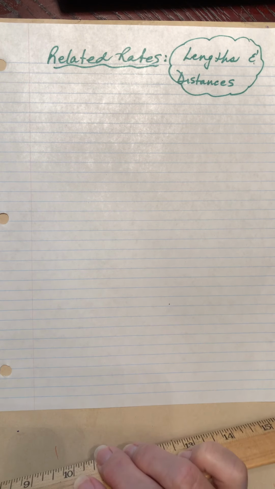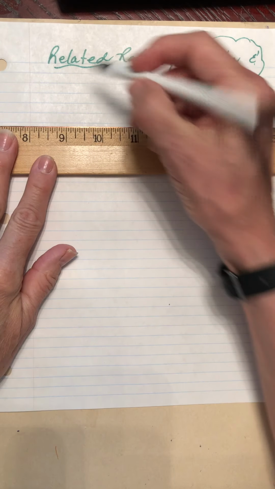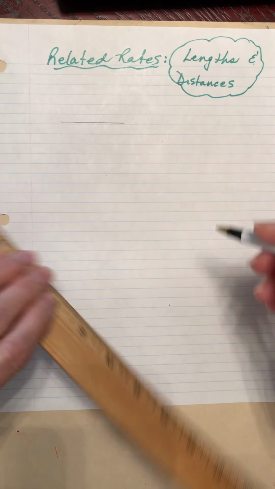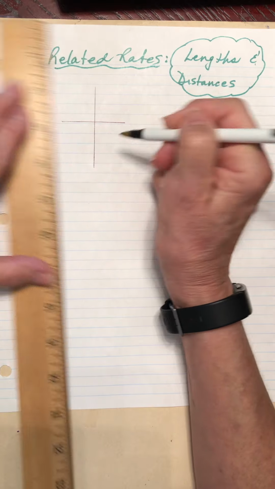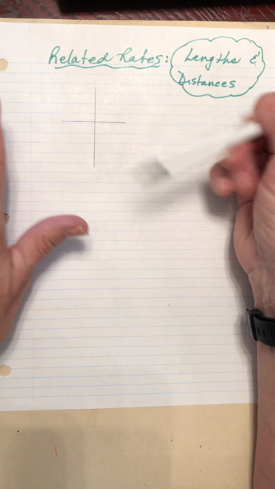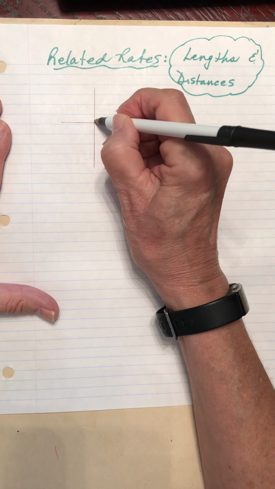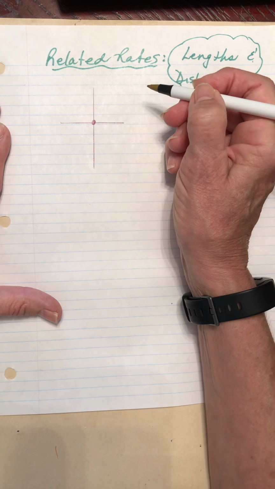So 4 examples today. So the first scenario we've kind of seen before. We have 2 boats. Or we had 2 planes, we had 2 people walking, whatever. You knew you would always have them starting at some point on the X and Y axis. This scenario is going to be 2 boats are right here at this port. And they're going to leave the port at the same time.